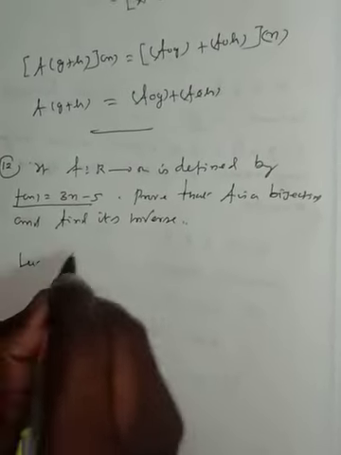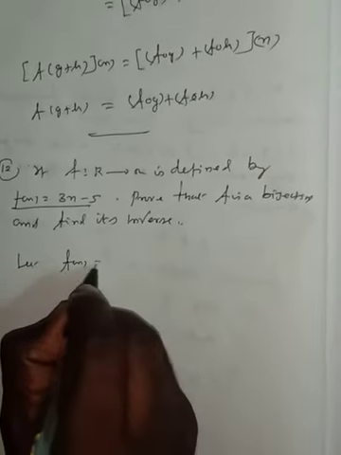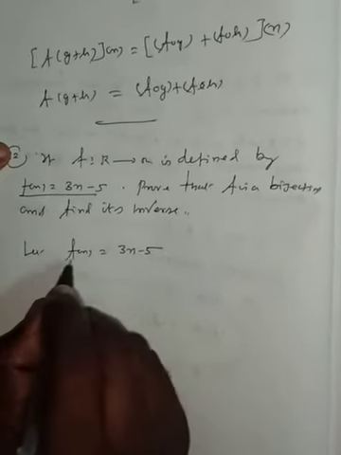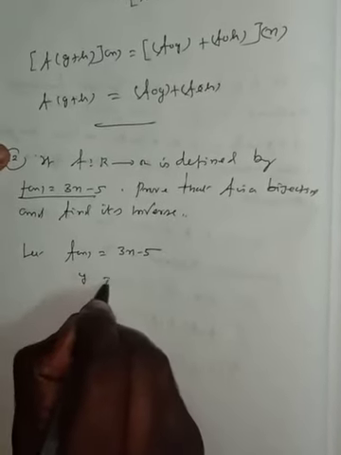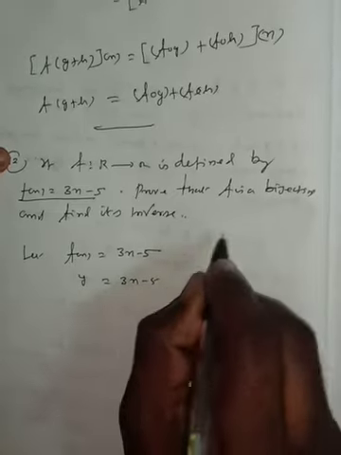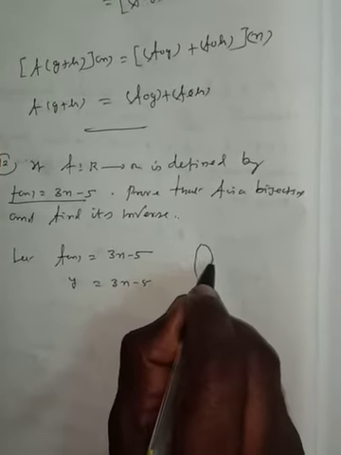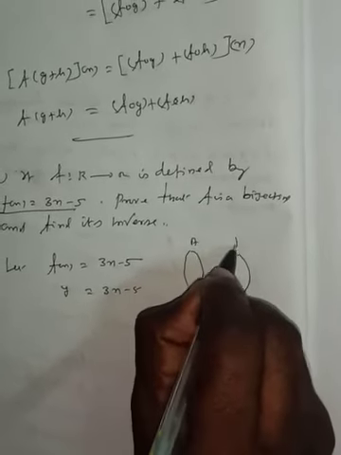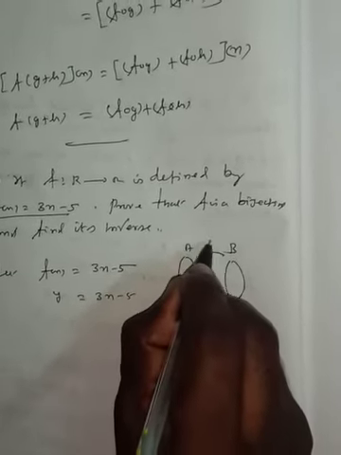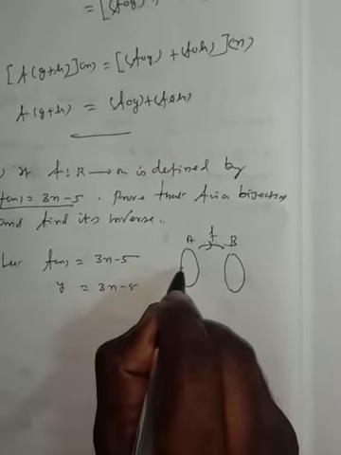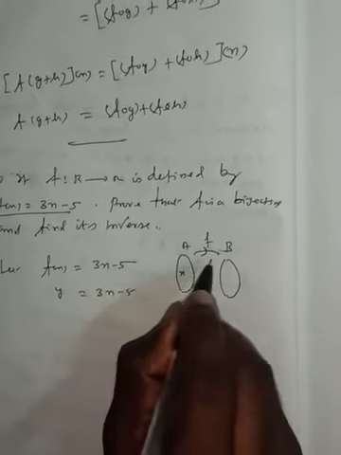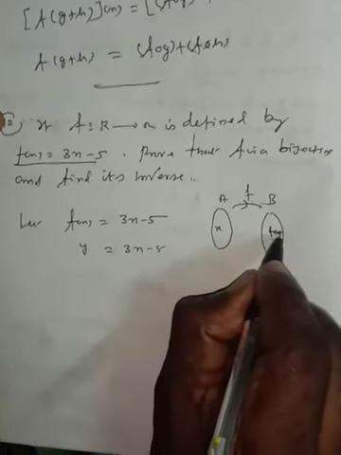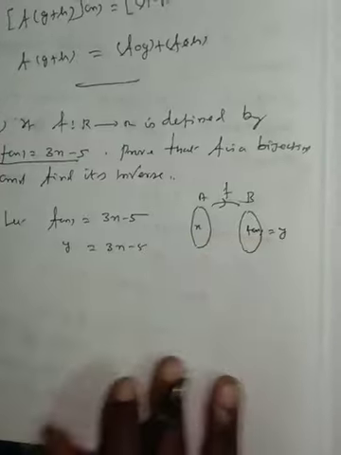Let f of x be y, so y is equal to 3x minus 5. This is set A, this is set B. f is a function from A to B. x is an element of the set A, and f of x is equal to y.